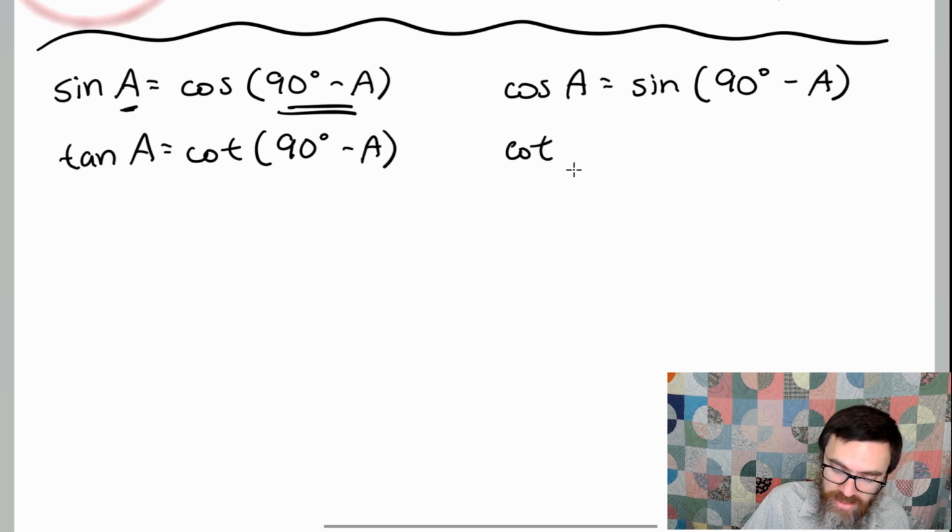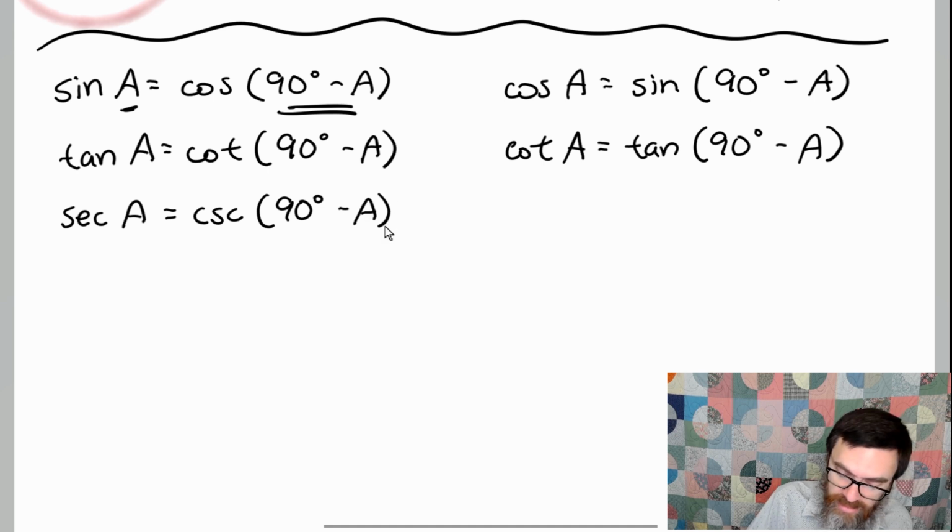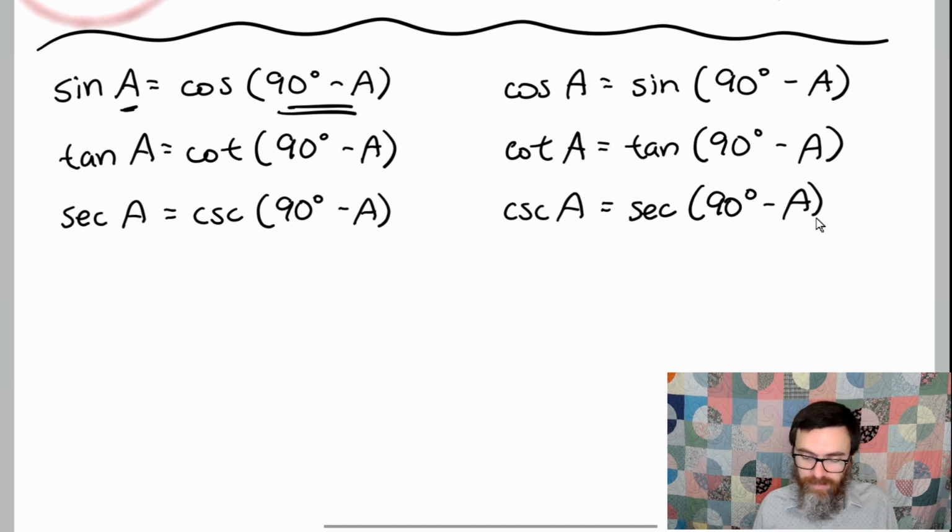Likewise, if I do the cotangent, it's going to be the tangent of the complement. The secant is going to be the cosecant of the complement. And of course, the cosecant is going to be the secant of the complement.